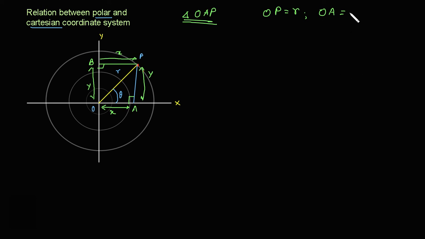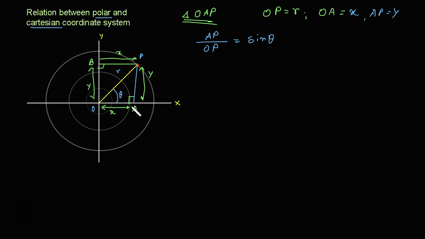So OA equals x and AP equals y. Now see that AP by OP equals sin theta.